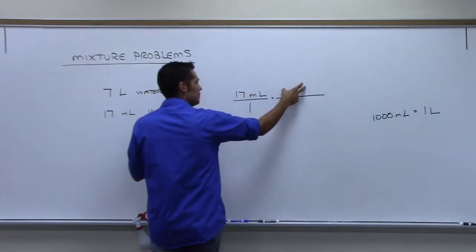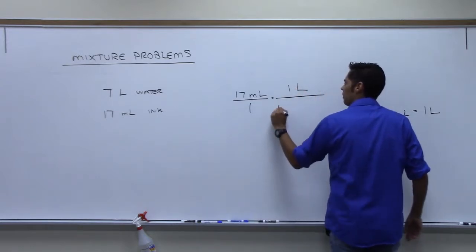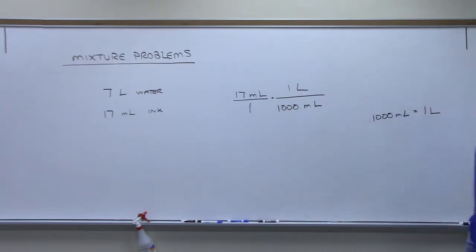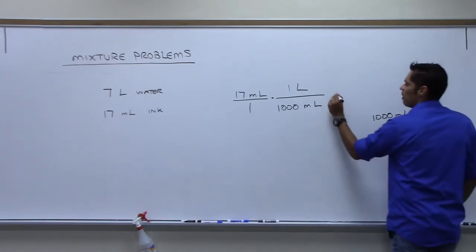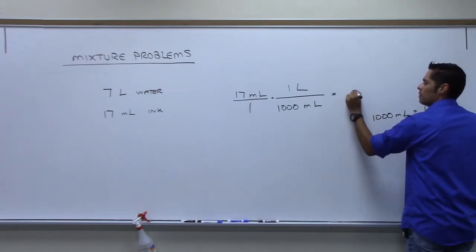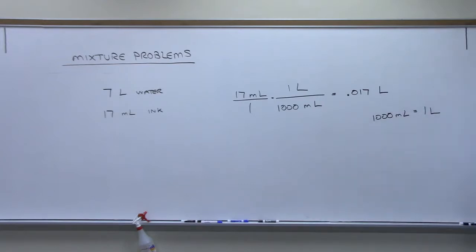What goes on top? Liters, 1 liter. Bottom, 1,000 milliliters, right? So this turns into what? .017 liters.